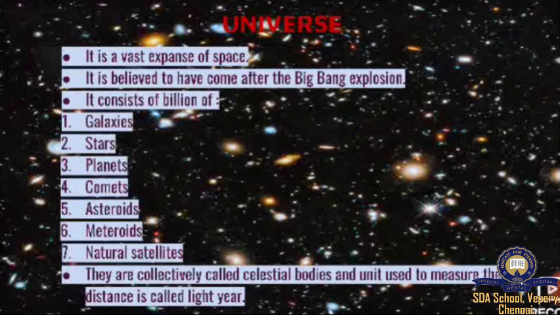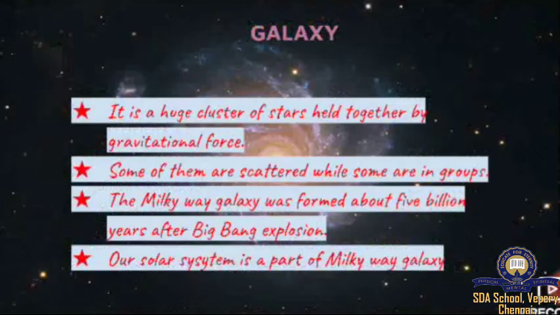The galaxies, stars, planets, comets, asteroids, meteoroids may sound different for you all. Don't worry, students. We will be looking at all these in our today's class. Moving on, let's start with looking at what is a galaxy.